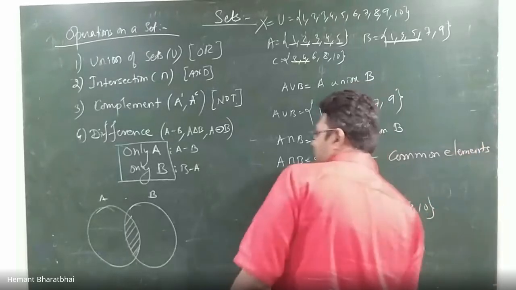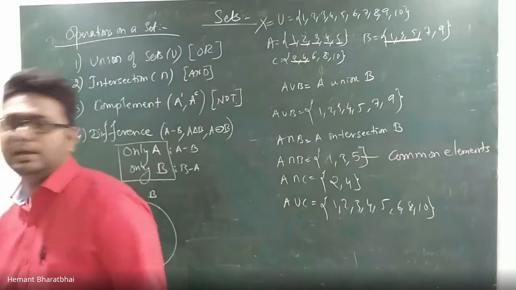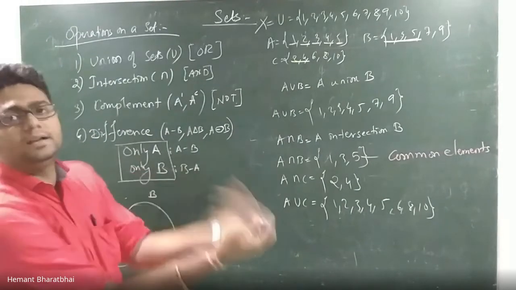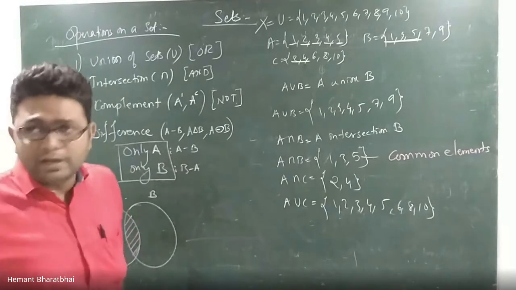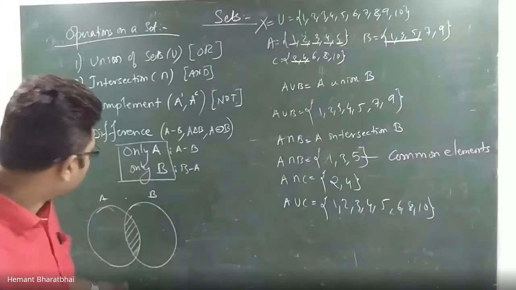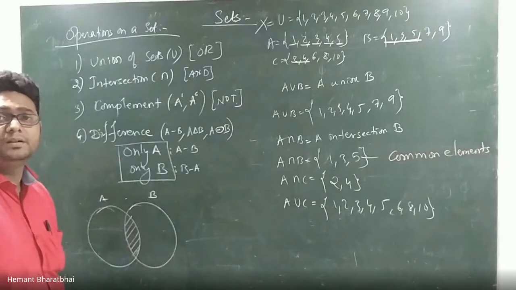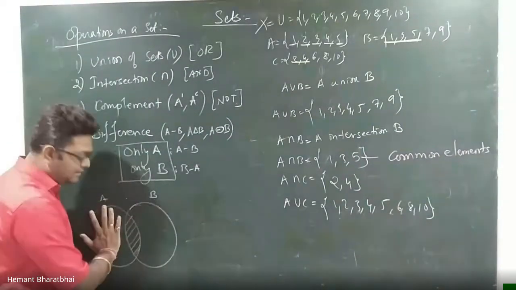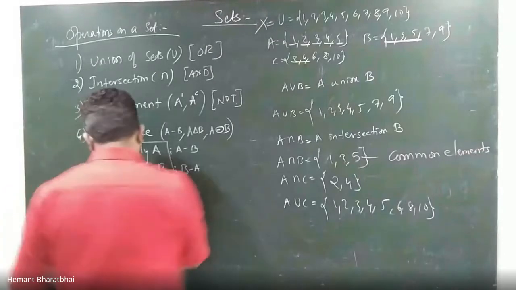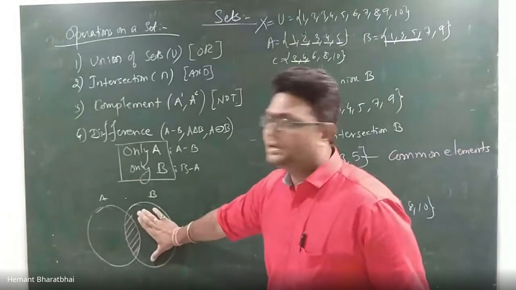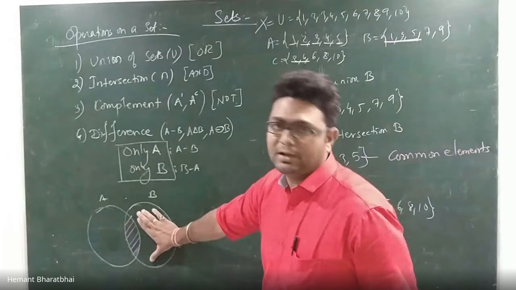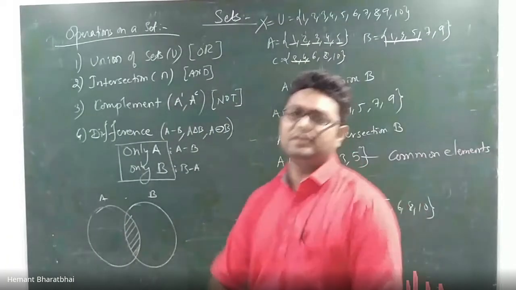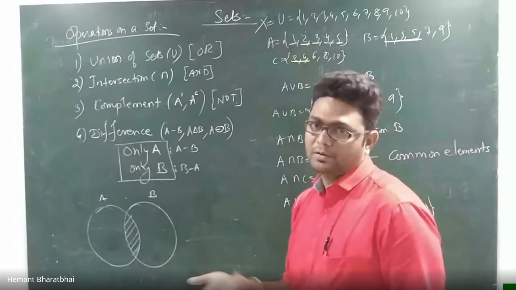These are there in set A also, and these are there in set B also. Therefore I am doing this overlapping. If I cover this entire part, you will say that is set B. Similarly, if I cover this entire part, that is set A. It means this portion of overlap belongs to both the sets, set A also and set B also.